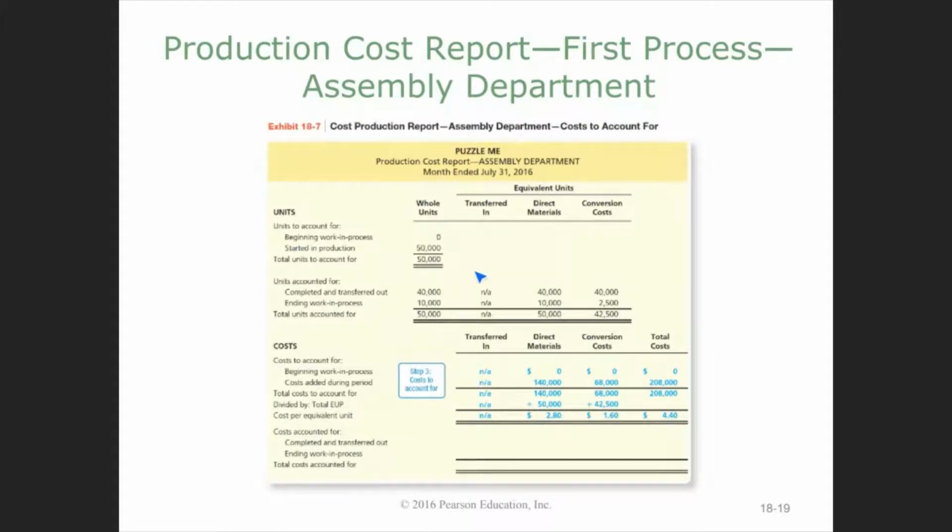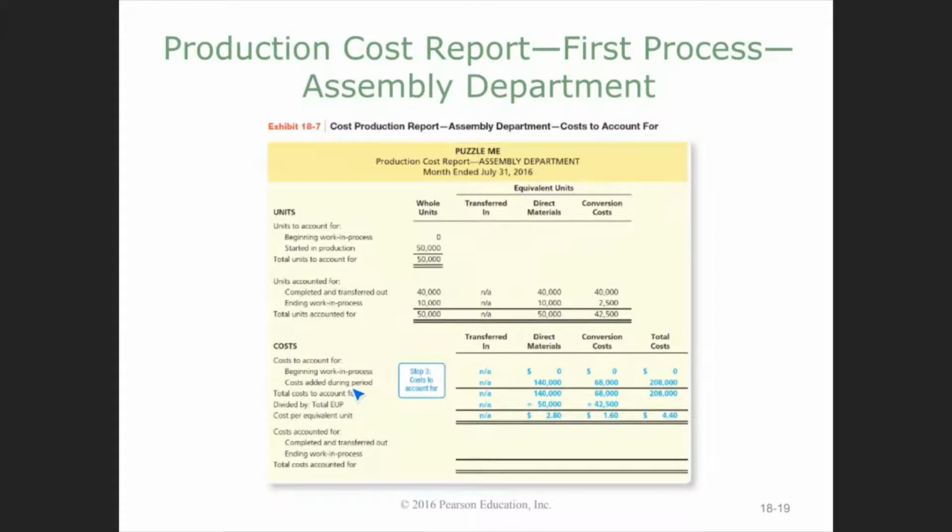Maybe that. Can you see it now? Yes. Okay, perfect. So up here, this is the information they gave us on the prior PowerPoint slide, where they said our direct materials are 40,000, 10,000, and then total units accounted for 50,000.